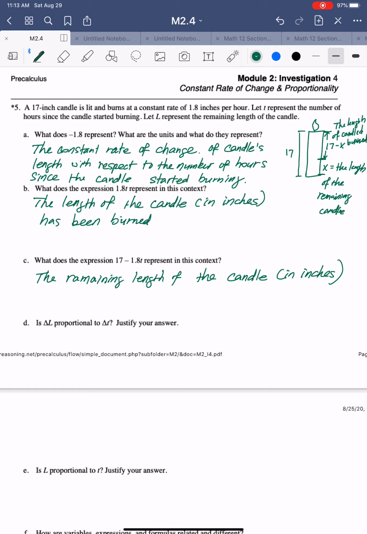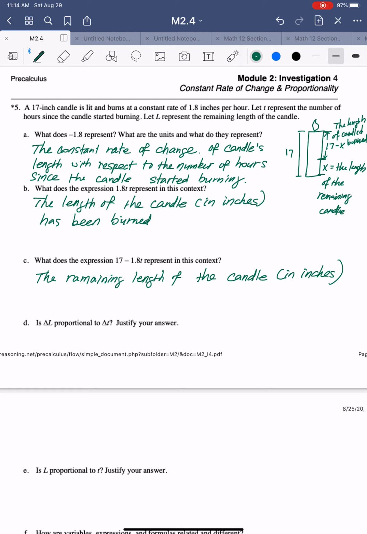Is delta L proportional to delta T? Because L was the length of the candle, and the length of the candle keeps changing. Delta L means the change in the candle, and delta T is a change in time.